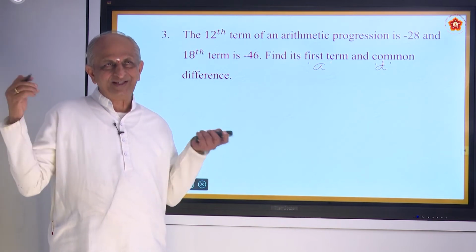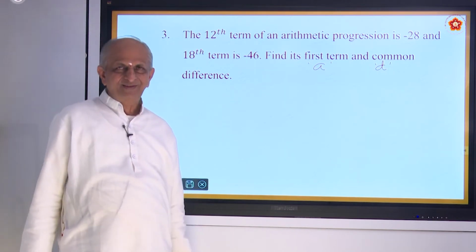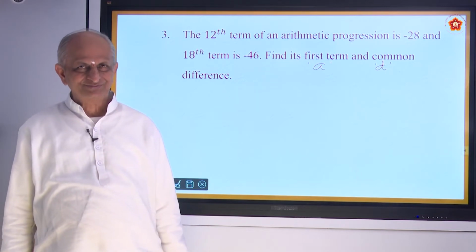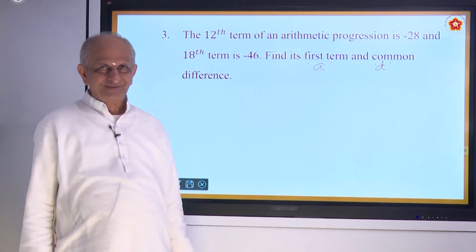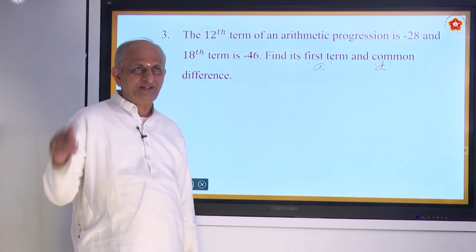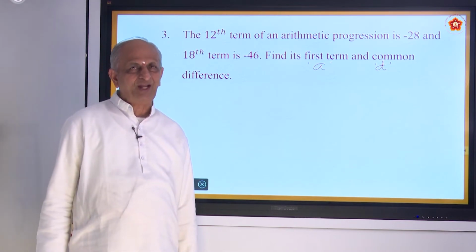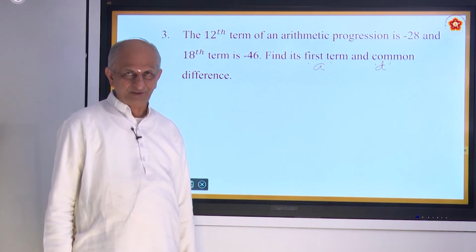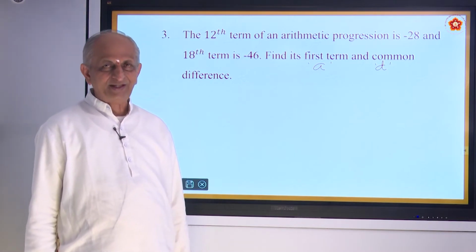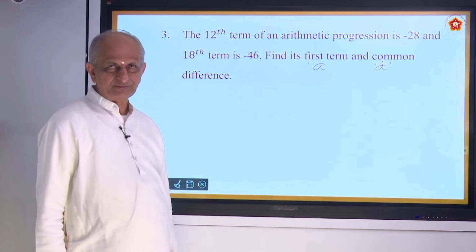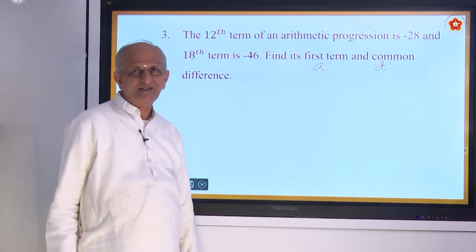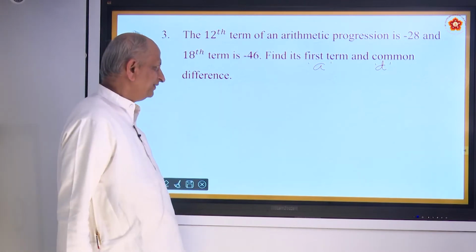In your life also you will get some problems where you will be stuck on how to do it. Then what you have to do? You must think of equations with two variables. What do you call it? We call it a linear equation in two variables, or you can also call it simultaneous equations.